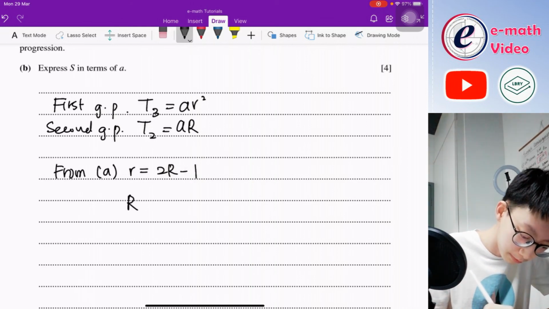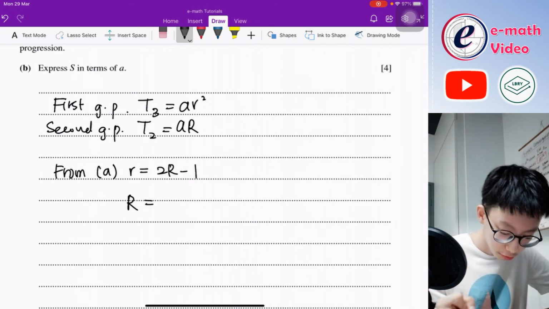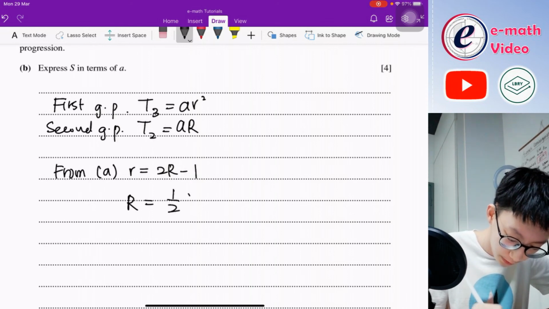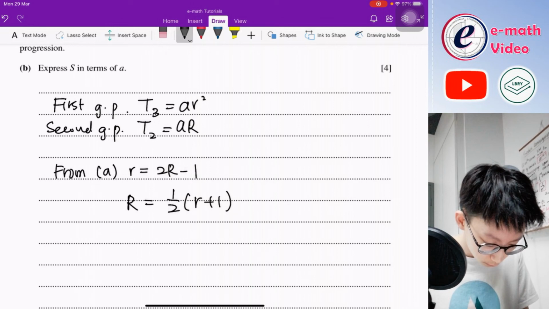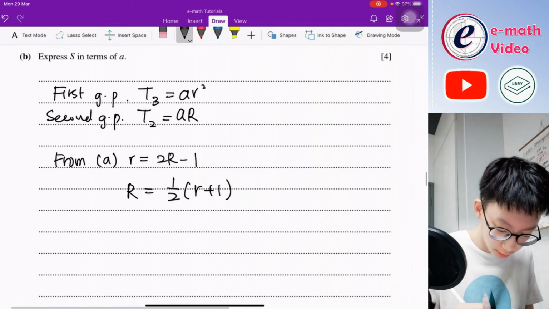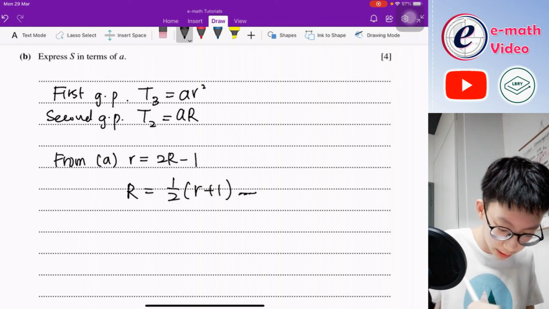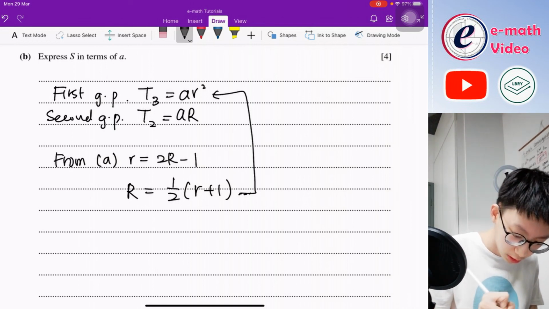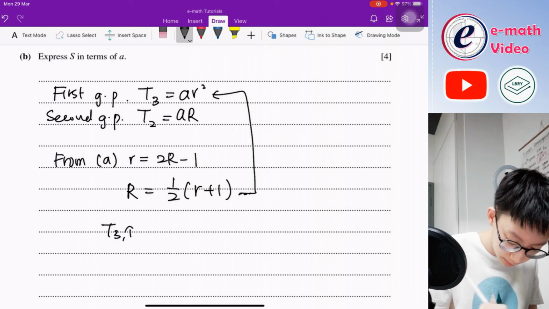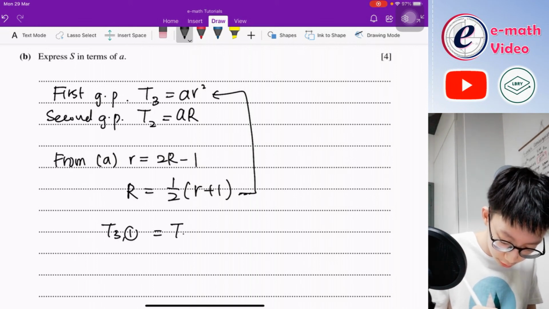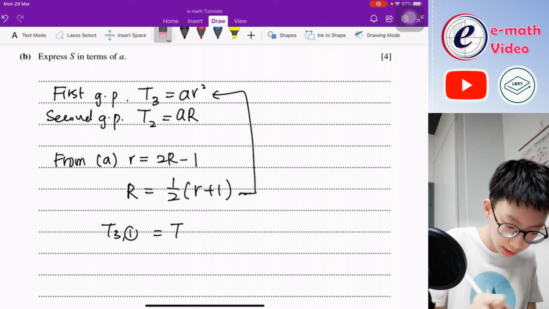So I will write big R in terms of small r, which is actually half of small r plus 1. So I will sub this in here. And you know that your T3 for the first progression is equal to your T2 of the second progression.